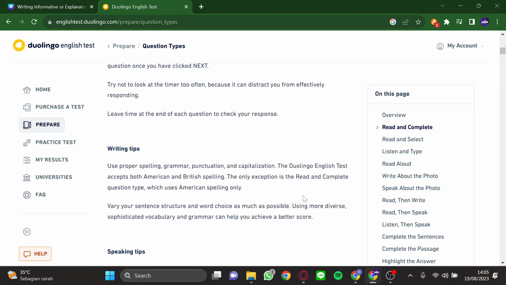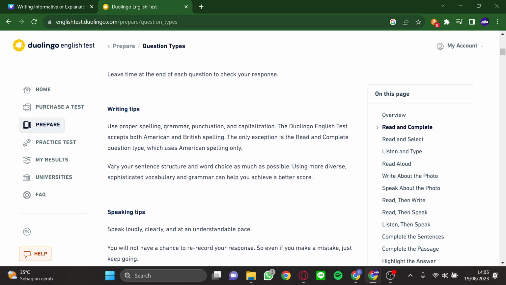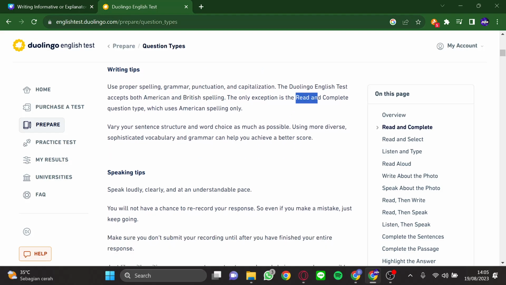First, in the writing sections, you have to use American spelling for the fill in the blanks. But for the storytelling question types, you can use both American and British spelling. So yeah, in read and complete, you have to use American only.